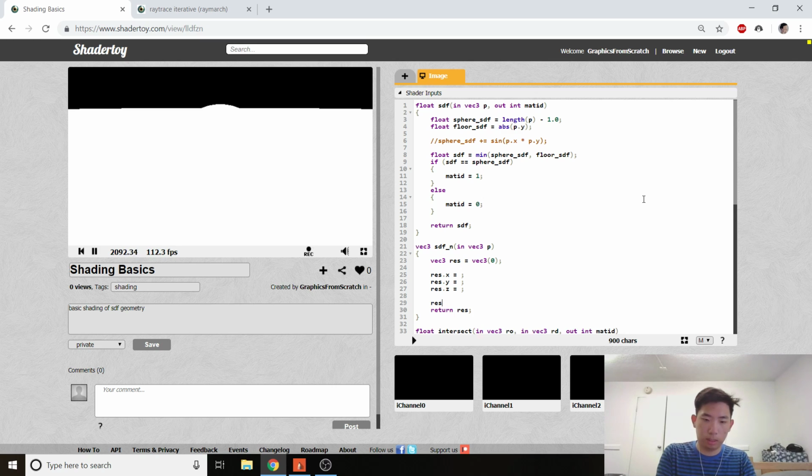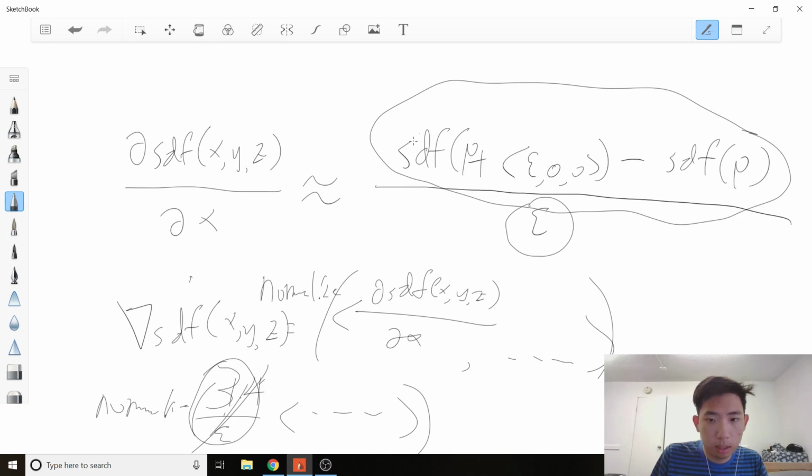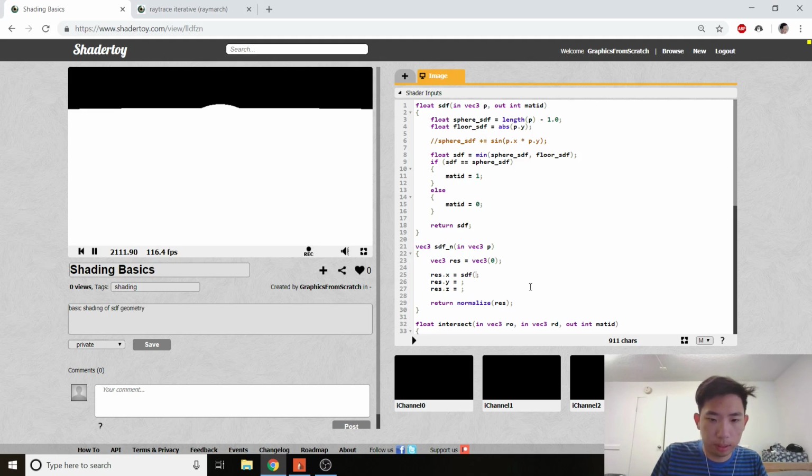Then we're going to return the normalized value of res, which is the gradient that we have, a gradient scaled by epsilon because we're ignoring the division component of it. Like I said, refer back to the equation that we derived. It's going to be just this expression, okay?